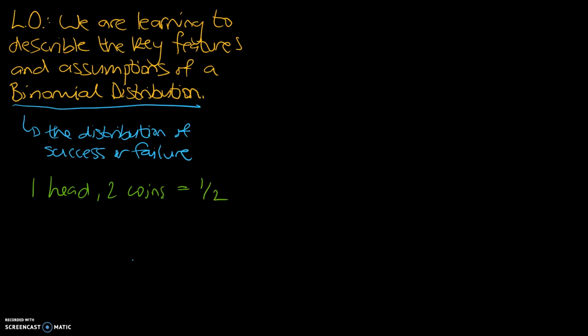Now I'm going to write down the formula for the binomial distribution, which we'll explain in more detail. The probability of getting x is equal to nCx times the probability p to the power of x, times 1 minus the probability to the power of n minus x.